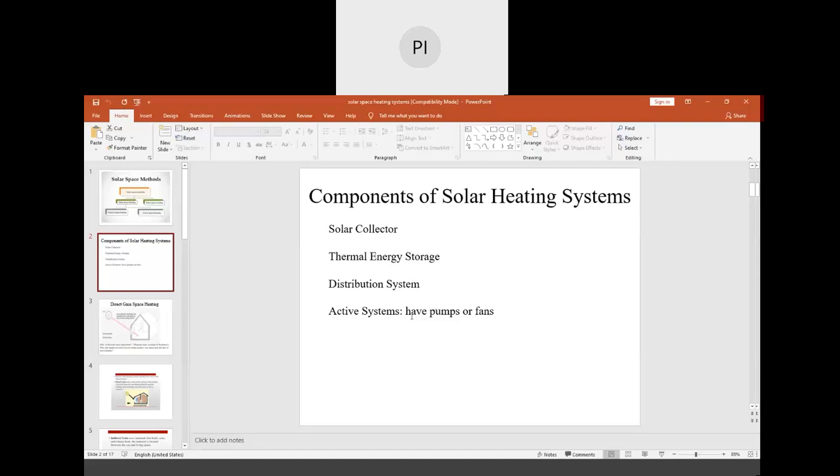An active system means having pumps or fans, etc. The main components are the solar collector, which means either windows or flat plate collectors or whatever it may be; thermal energy storage, that is energy storage devices in the form of thermal mass; and the distribution system, that is distribution of stored energy evenly through the space. An active system has pumps or fans.